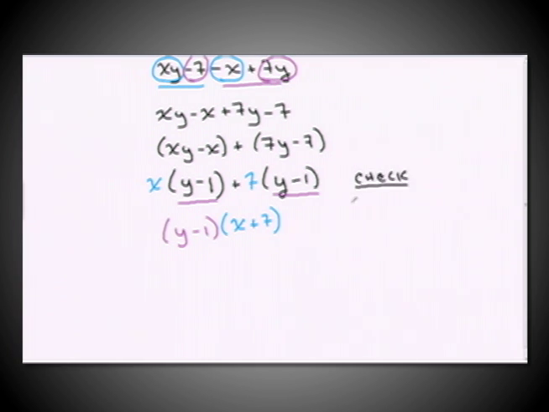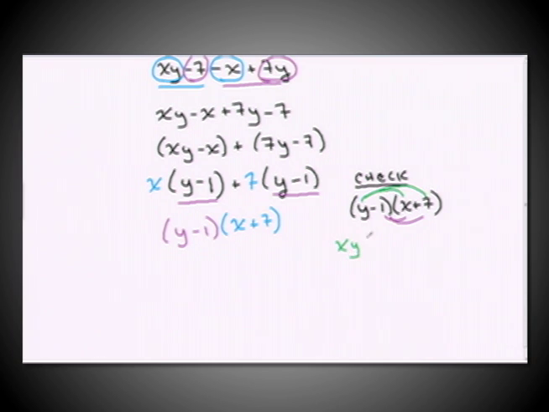So we'll simply multiply our factored answer by distributing each term in the first binomial with each term in the second binomial. So y times x, putting it in alphabetical order, gives us a term of xy.